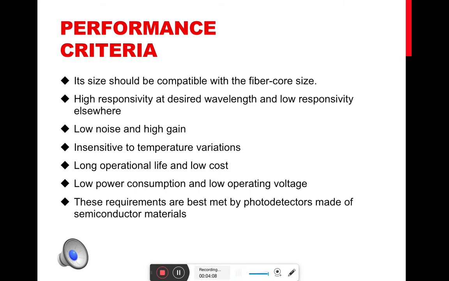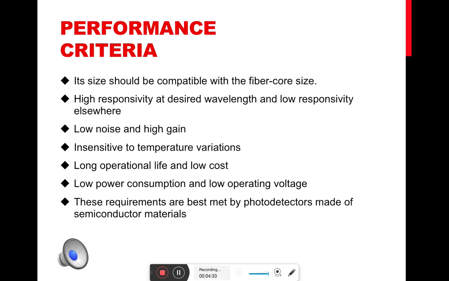Then it should have low noise and high gain, which is a requirement for every system, and it should be insensitive to temperature variations. It should have a long operation life, be cost effective, consume less power, and operate at lower voltages. These requirements are best met by photodetectors made of semiconductor materials.